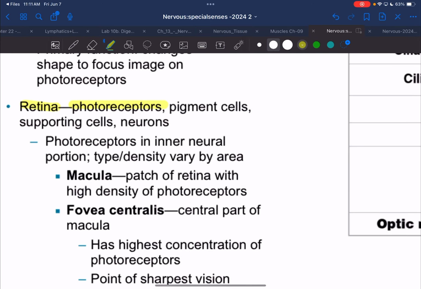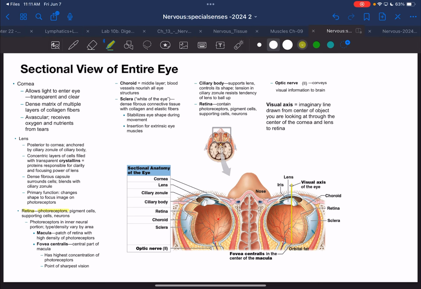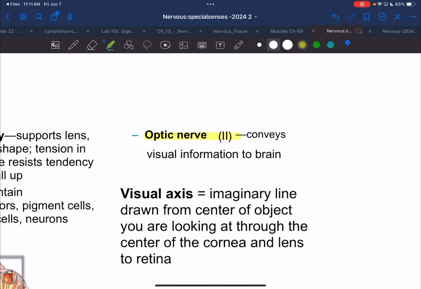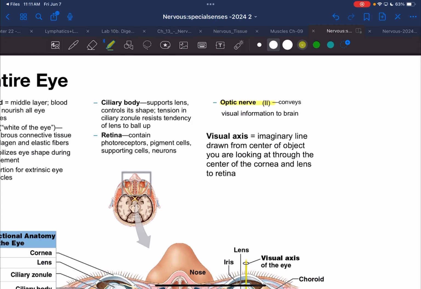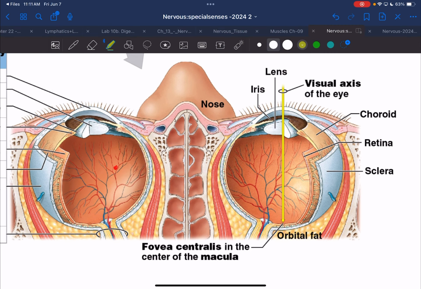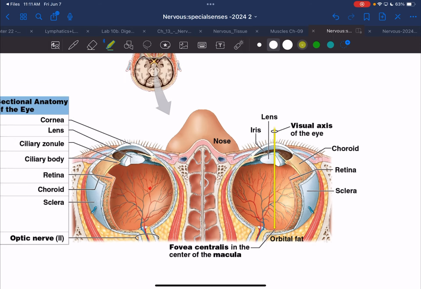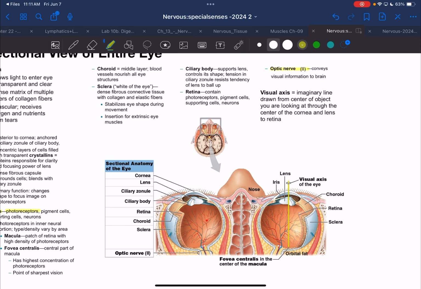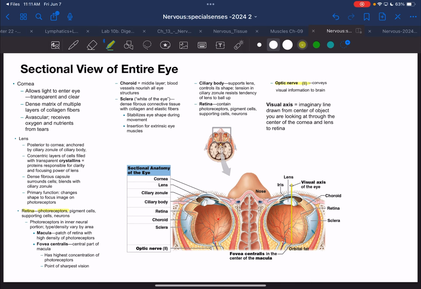You're done with this page. Don't forget that your eyeballs are connected to optic nerve number 2. We know the function, therefore, optic nerve is involved in vision. Only thing to add. And then let's finish up with the ear.